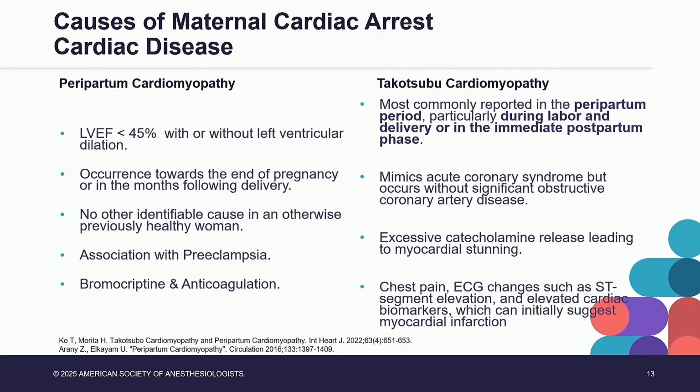EF should be less than 45%. They're not that stringent with the definition because they were missing a lot of patients coming to the ED at less than 36 weeks of gestation, and that's why they have become less stringent.